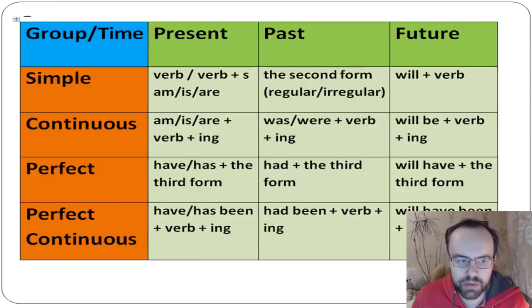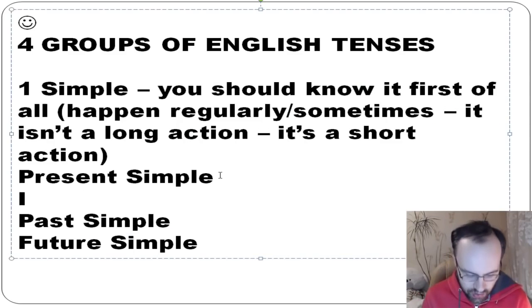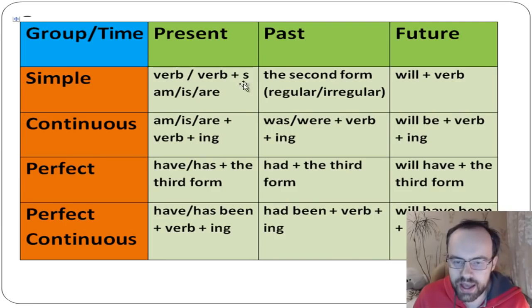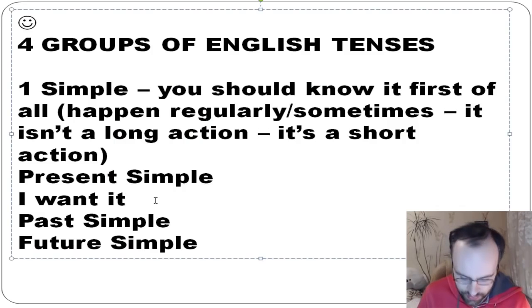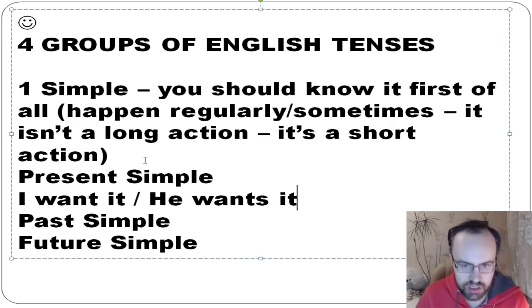Okay, so we form it this way. For example, present simple: I want it, so verb. Or we can add s if it's he, she, it. For example, he wants it.